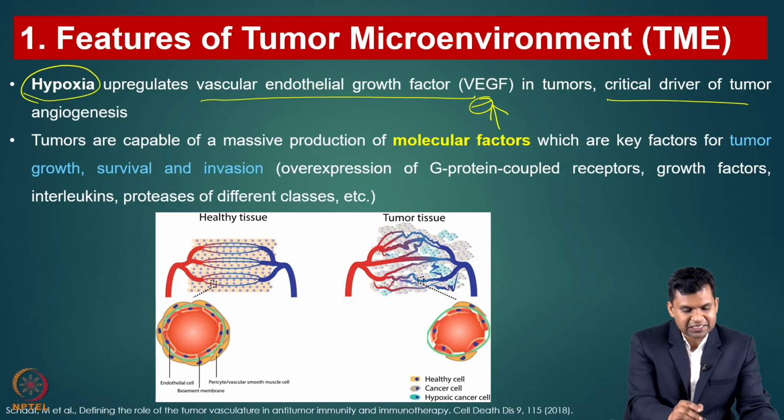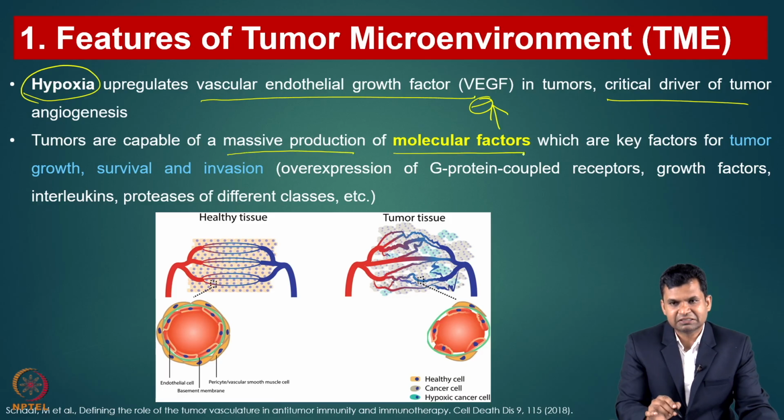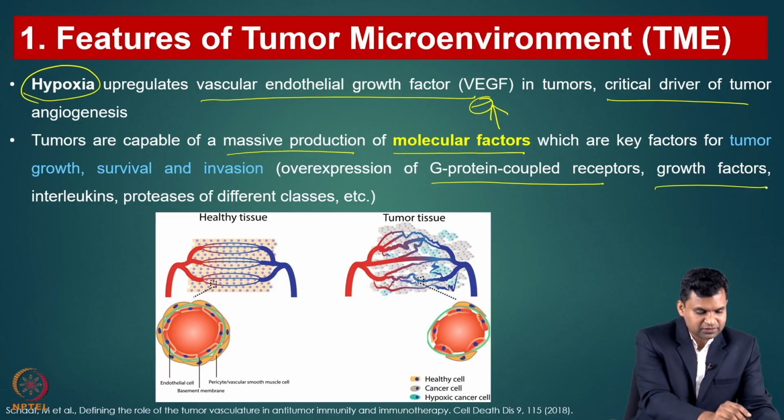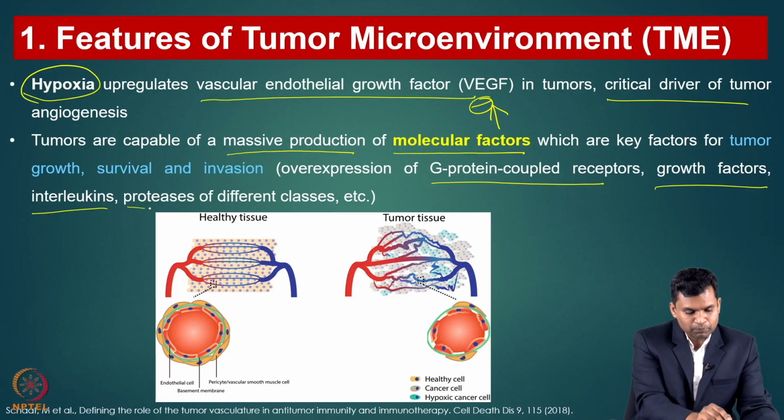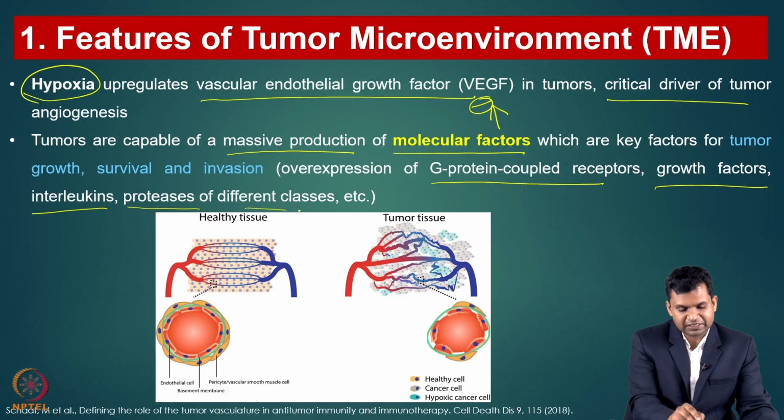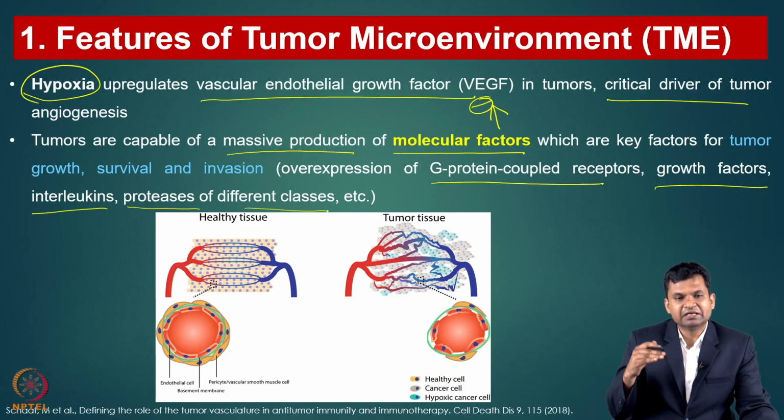Tumors are capable of massive production of molecular factors, such as overexpressed G protein coupled receptors, other growth factors, interleukins, and proteases of different classes, in cancer cells compared to normal cells.